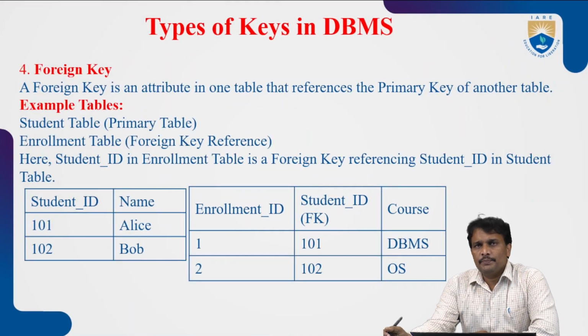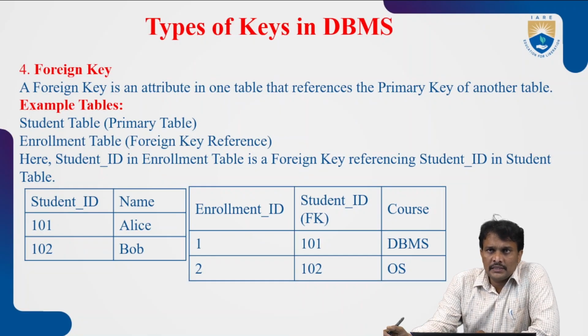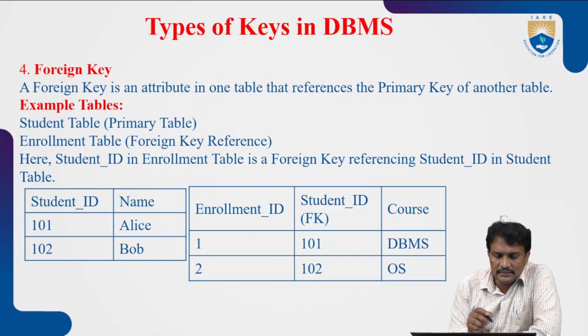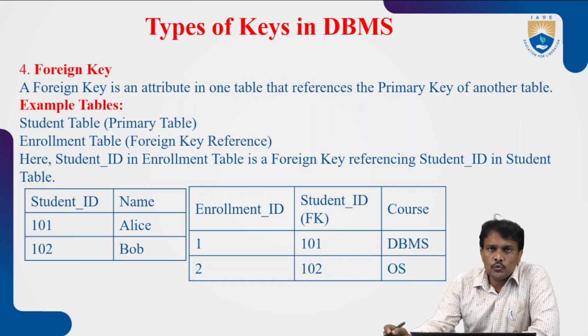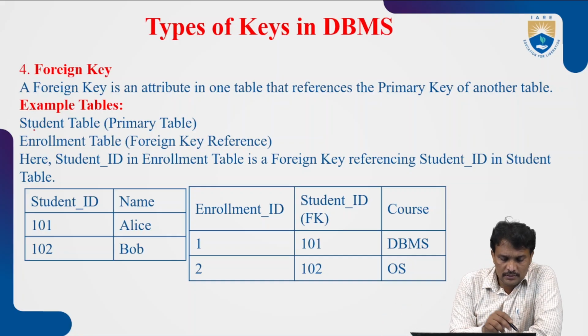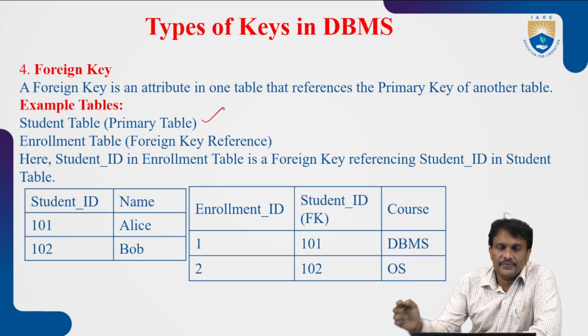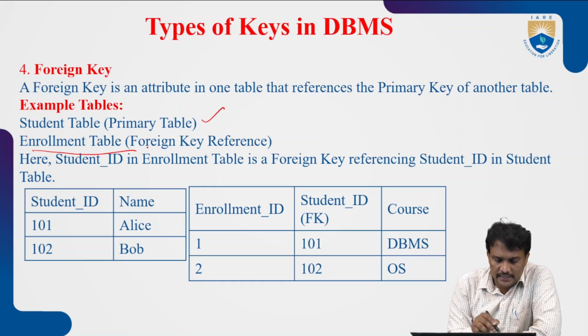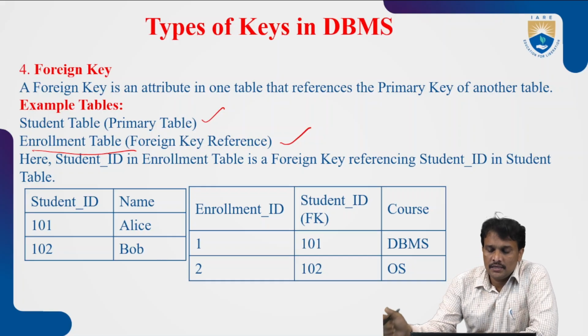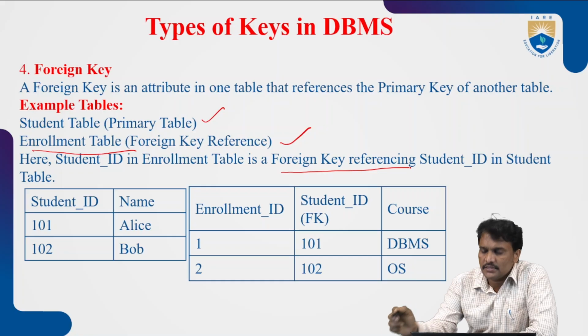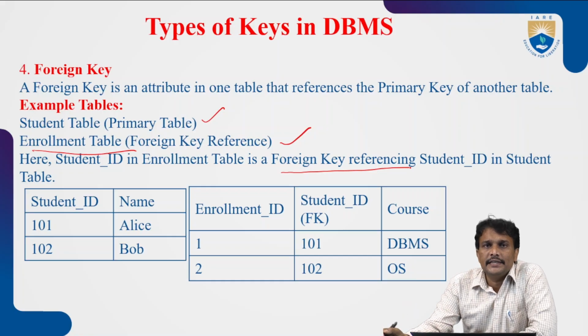And next one, foreign key. A foreign key is an attribute in one table that references the primary key of another table. The student table is the primary table. The enrollment table has the foreign key reference. Here student ID in the enrollment table is a foreign key referencing student ID in the student table.